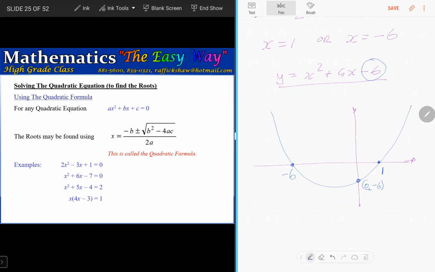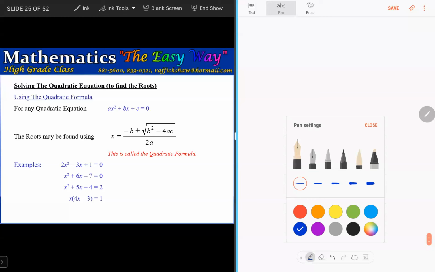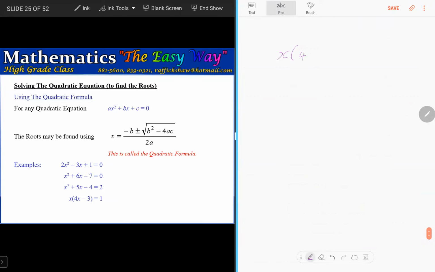And the last, fourth one. Let's do the fourth one. The fourth one is x times 4x minus 3 equals 1, a basic equation.